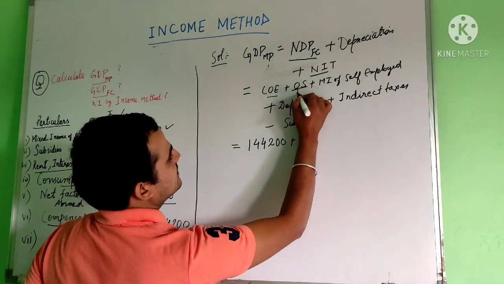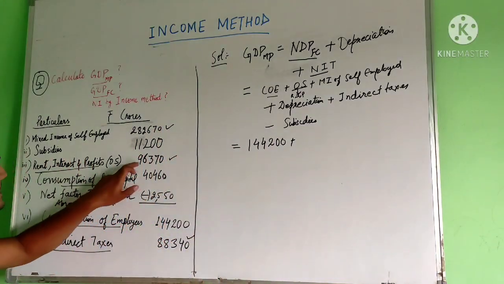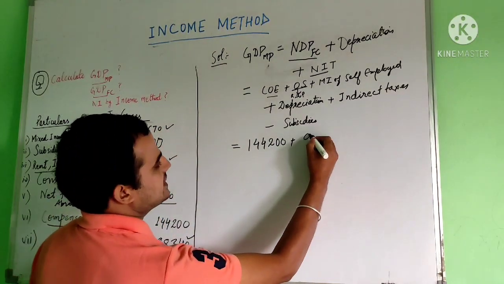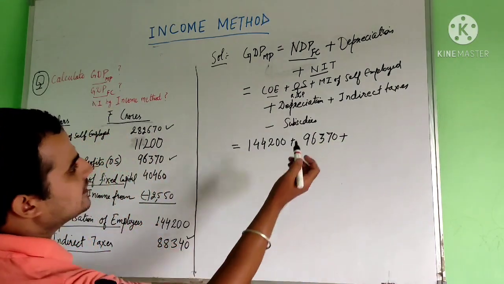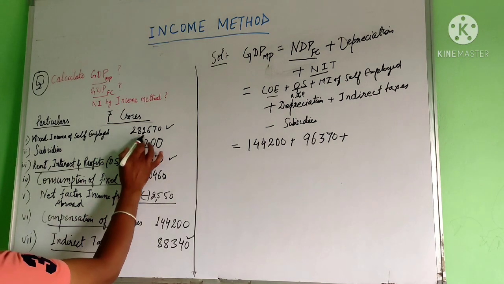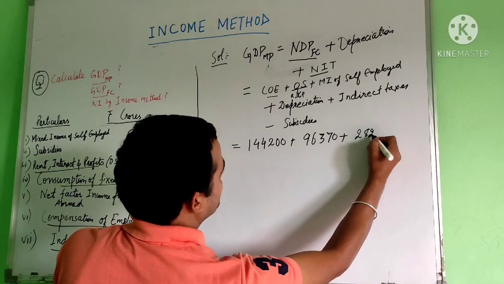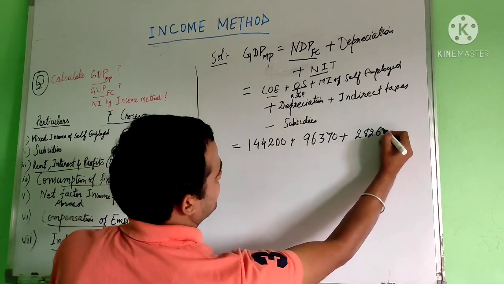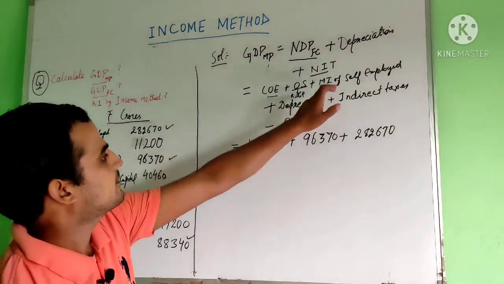Operating surplus here is 96,370, plus the mixed income of self-employed, which is given as 2,82,670. Okay, you have completed up to here.